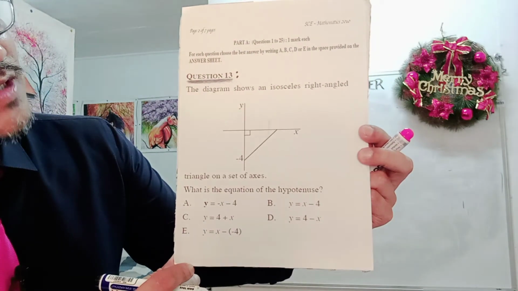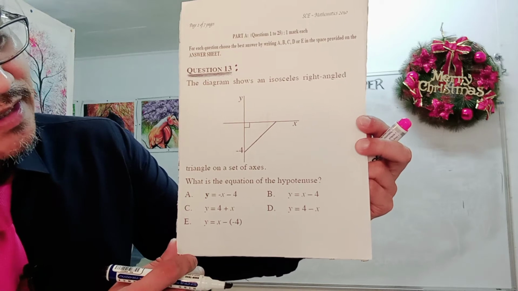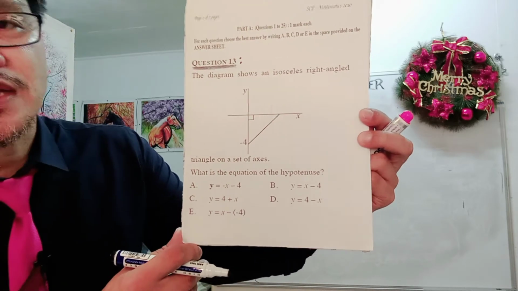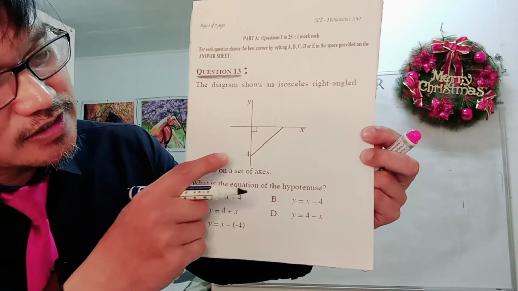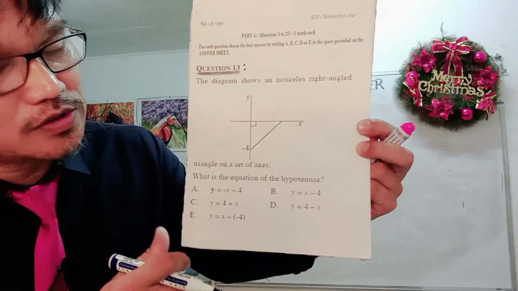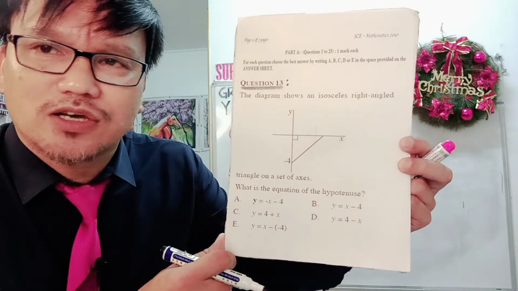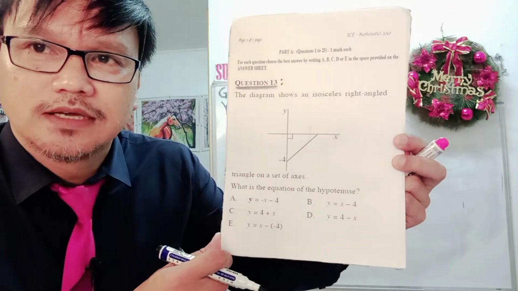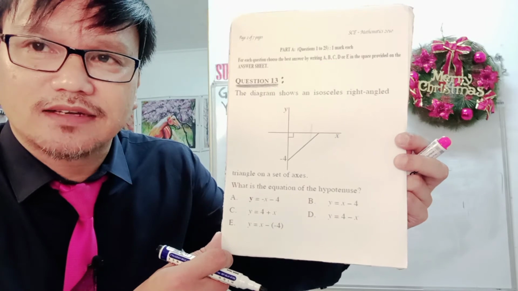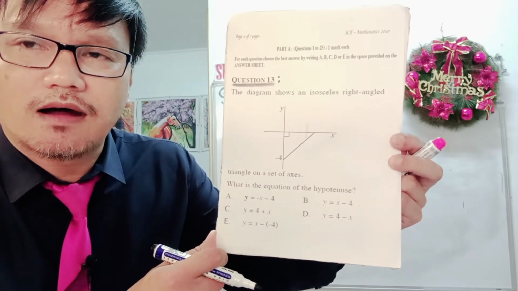The diagram shows an isosceles right angle triangle on a set of axes. What do you notice here? This triangle is called an isosceles triangle. What do you mean by isosceles triangle? An isosceles triangle is a triangle wherein two sides are equal.